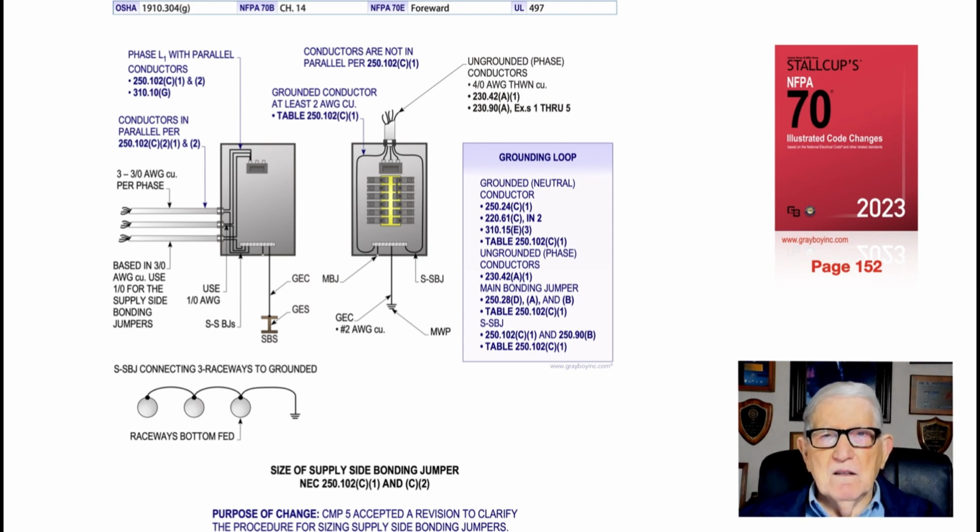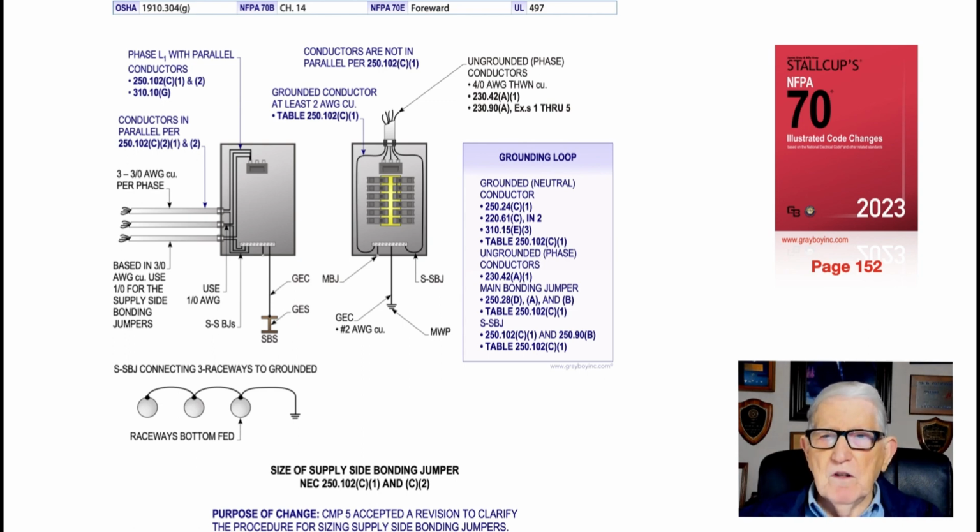Now, reviewing the black text, a 4-alt is the ungrounded supply conductors, and based upon 4-alt, we move to the grounded conductor having to be at least number 2 per table 250.102C1 with the supply side bonding jumper has to be the same size. It has to be a number 2.